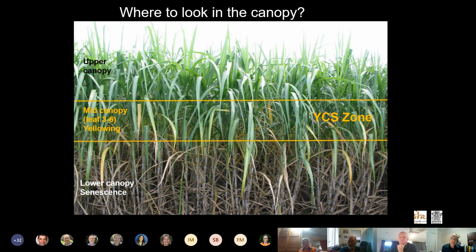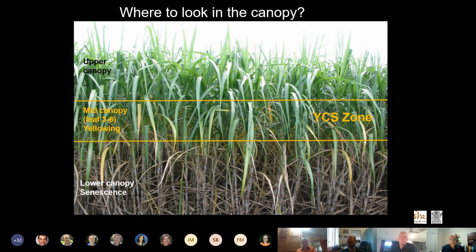Now, I just want to point out one very important thing while we're on this slide. To identify YCS, to be sure that you've got YCS, it's imperative that you pick it up very, very early at this stage. When you look at your crop and it's all green, that's fantastic, but you've got to keep looking.